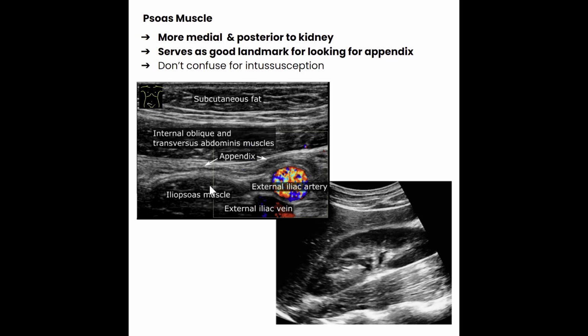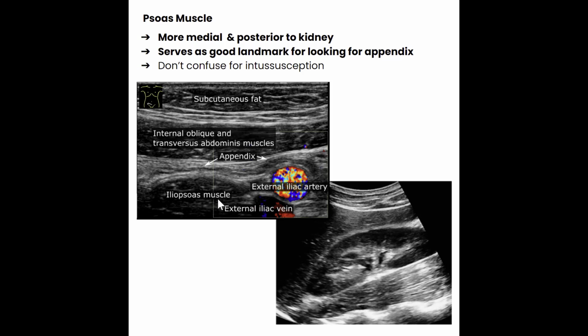Now this is going to serve as an excellent landmark when you're looking for the appendix. We can actually see a normal appendix draping across it and then continuing to drape across the external iliac artery and vein.